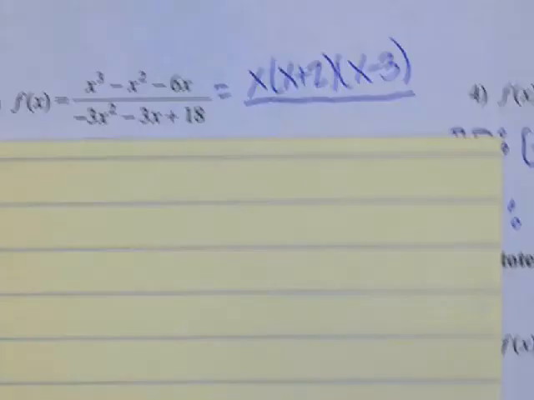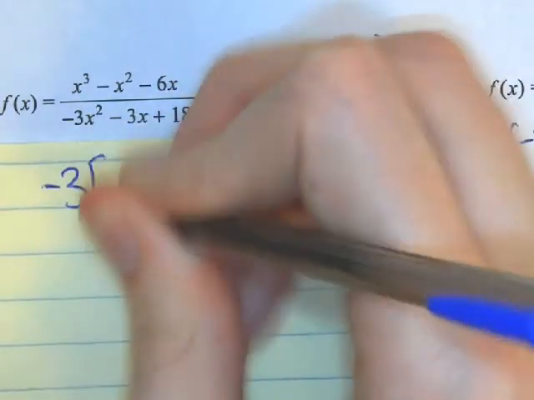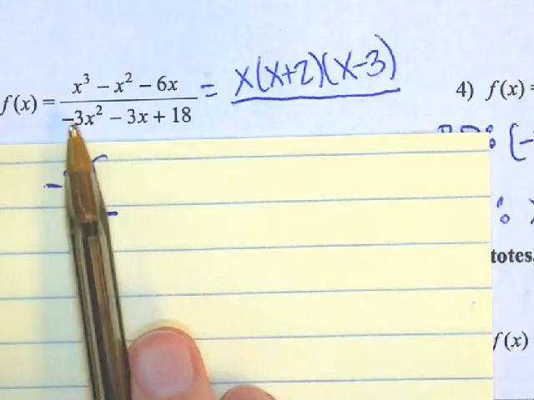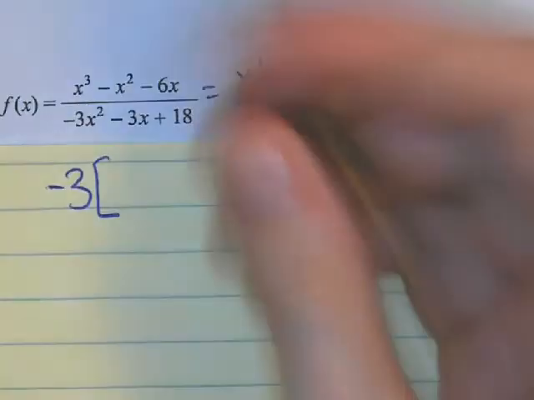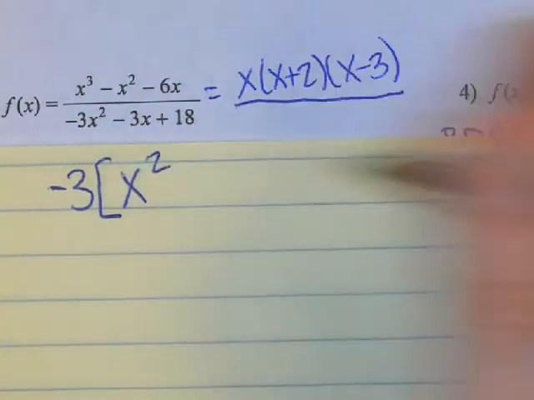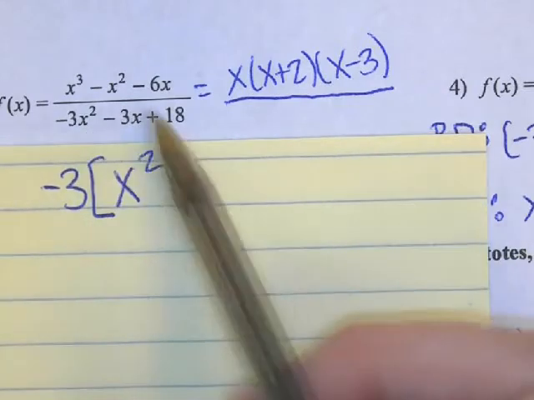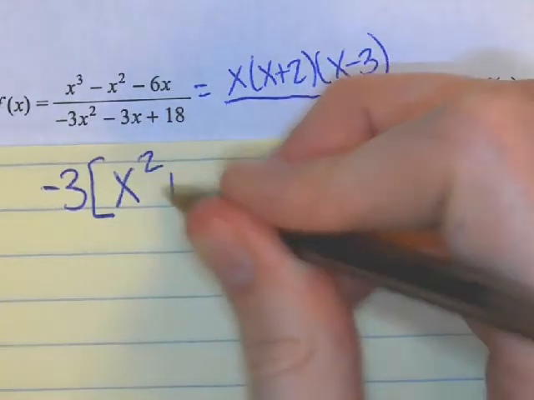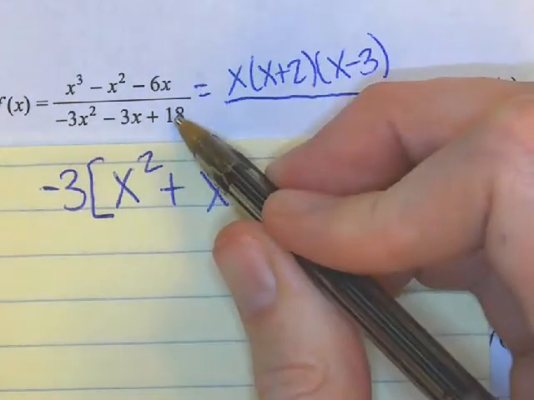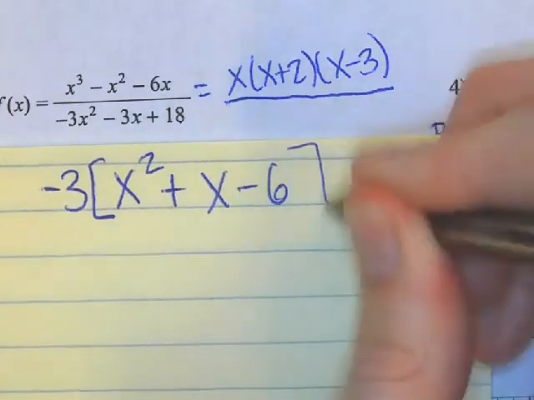Good. Why is it negative? Because the leading coefficient's negative, you pull out that negative. All right, what do we get left? X squared, because that's going to turn positive. This turns into positive as well. And then this will turn into negative 6.